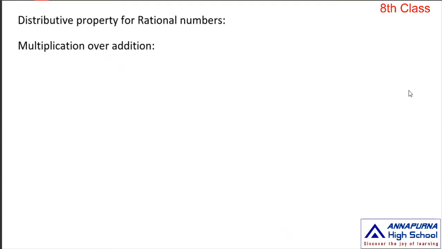Now we are going to talk about the distributive property for rational numbers. What is this distributive property? It is a little more difficult than the other properties. Why? Here we have two different operations happening together.